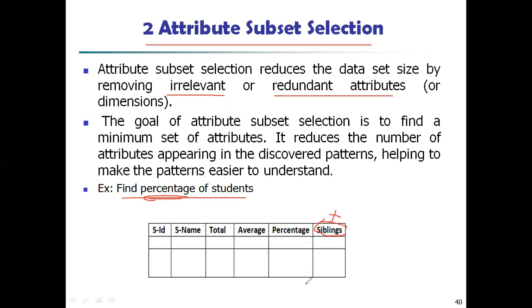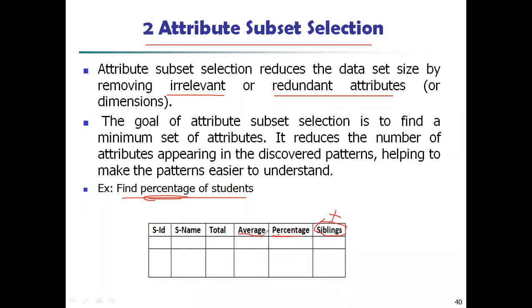Isn't it? So for that, here we are going to check. SID, there is no duplicate. S name, single column. Total is also a single column, but here we have one average attribute and one percentage attribute. These two are the same.